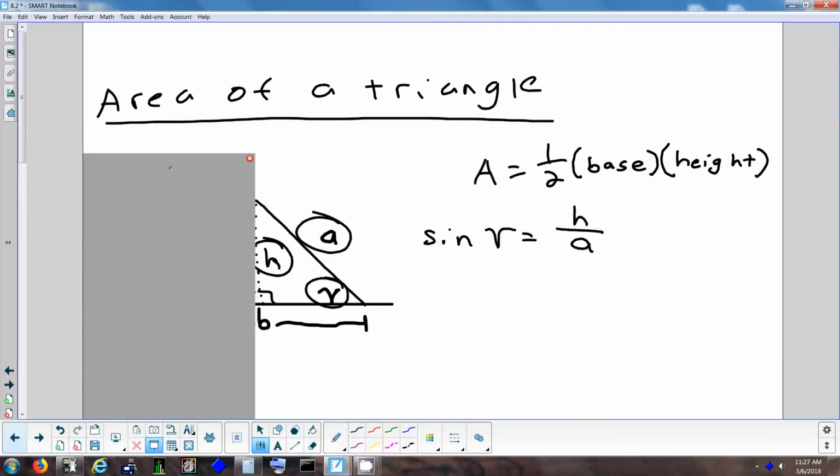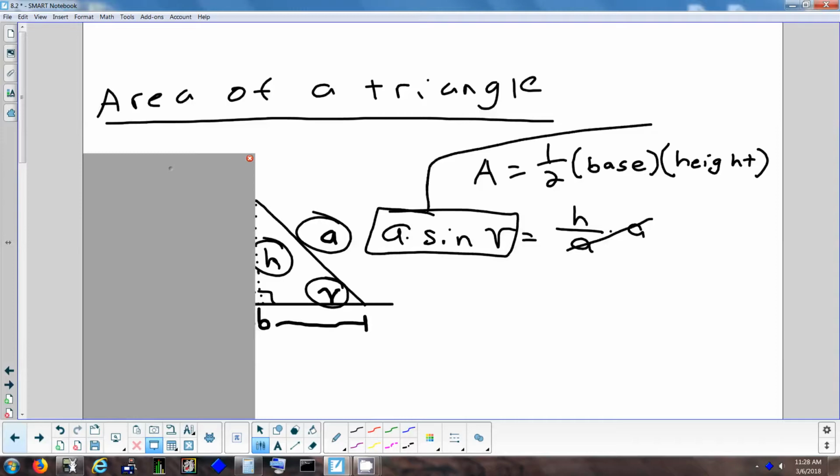So I want to get the a on the other side. How would I do that? Yeah, just multiply each side by a. Now you have a formula that calculates the height for you based on some other information.